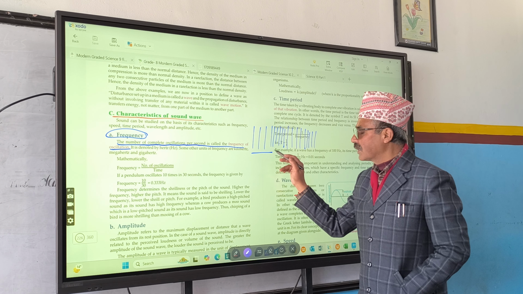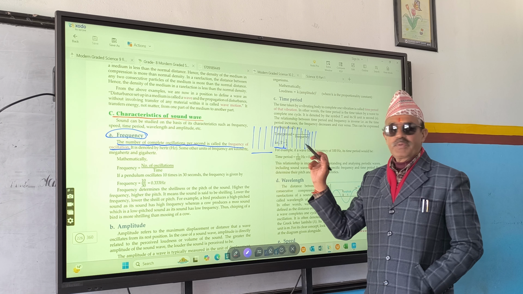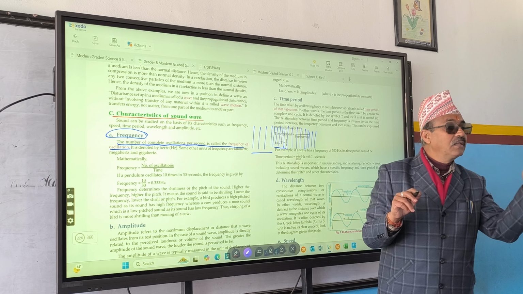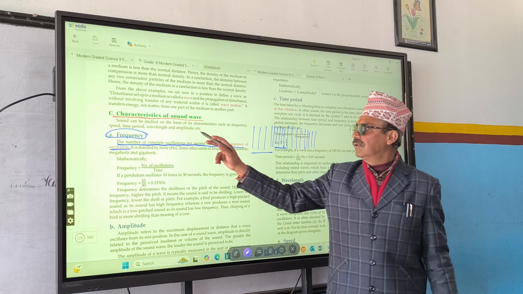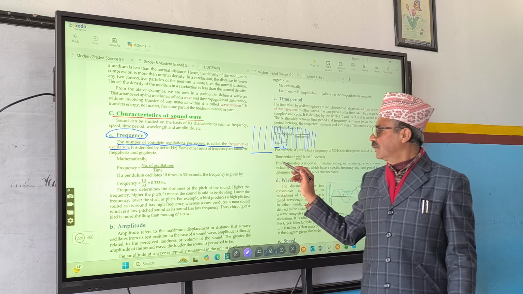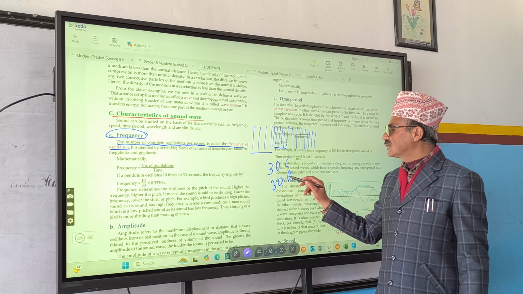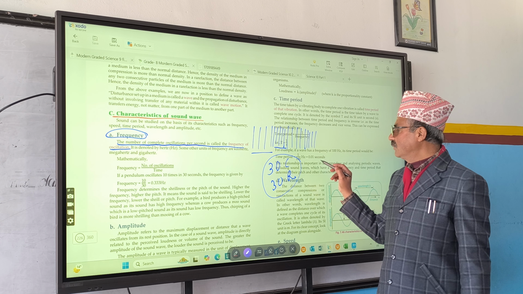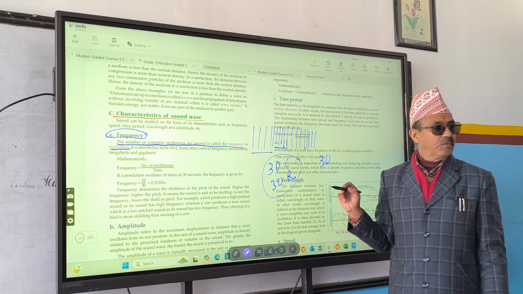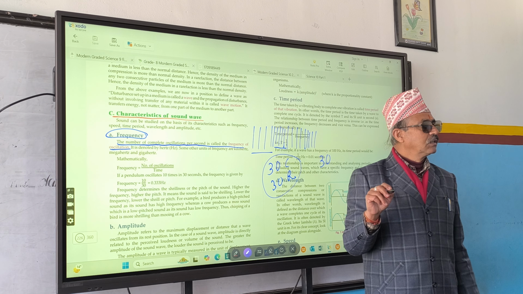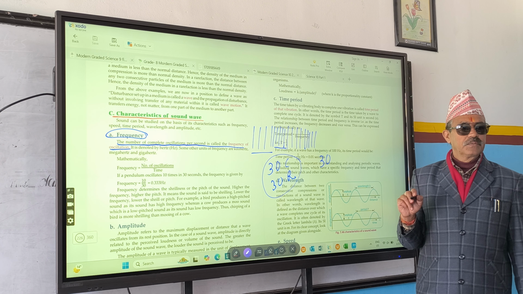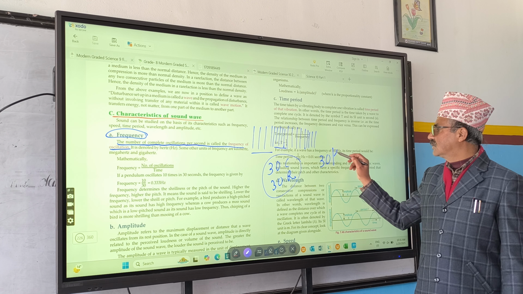How many rarefactions and how many compressions are produced within 1 second? That is called frequency. If 30 compressions and 30 rarefactions are produced, then what is the frequency? Frequency is 30. What is the SI unit of frequency? Hertz.